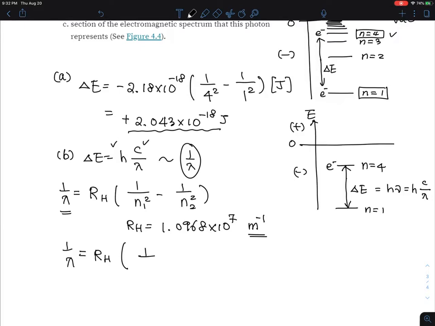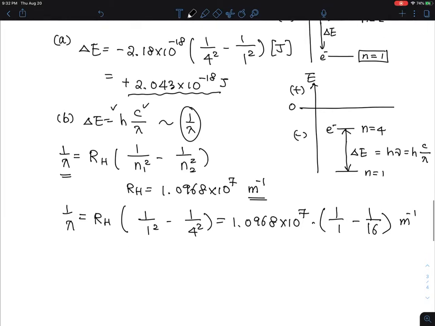So here you write 1 squared minus 4 squared, times the Rydberg constant, and plug it in: 1.0968 times 10 to the 7, times 1 over 1 minus 1 over 16, in inverse meters. Eventually, when you solve this, the lambda you get is 9.723 times 10 to the minus 8 meter.